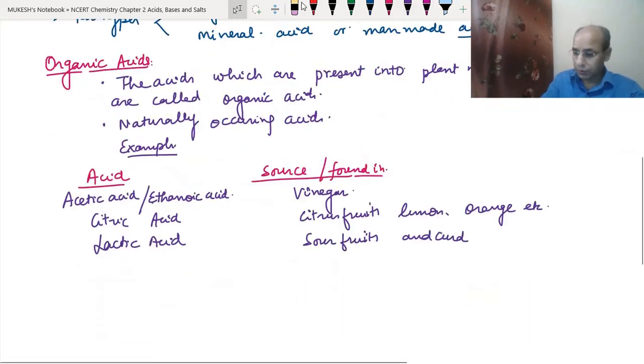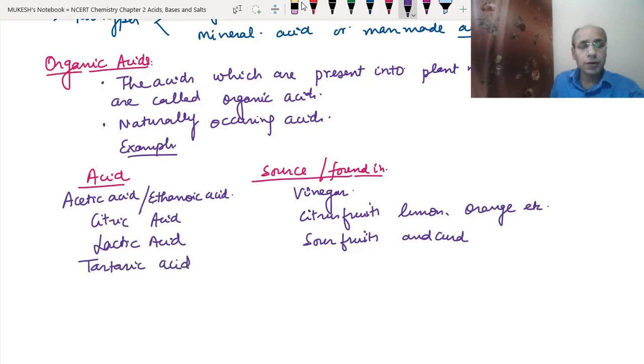Now the next is tartaric acid. Tartaric acid is found in tamarind. Tamarind means imli. Most of us eat imli, and it is sour in nature. It is also found in unripe grapes.